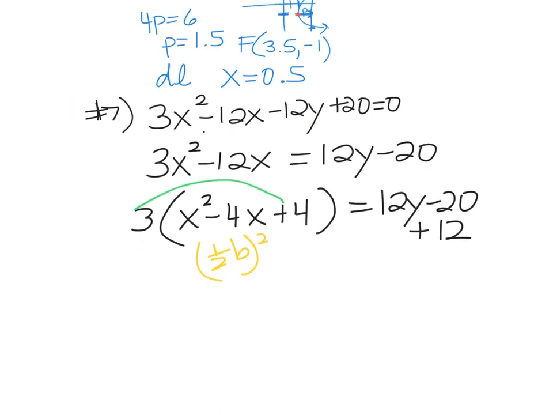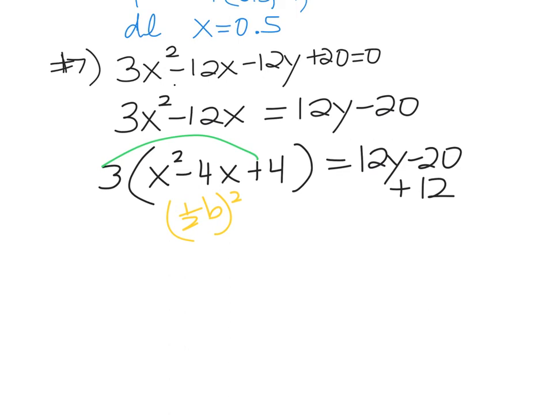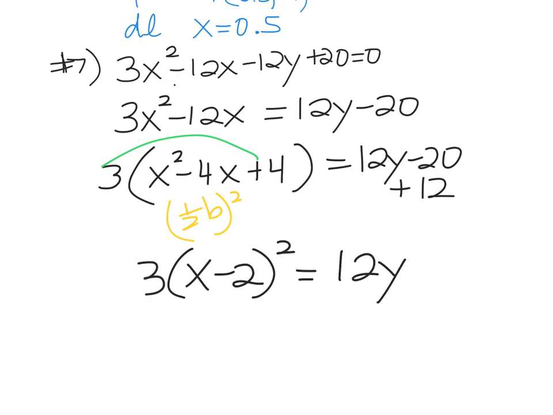I love that part. I love it when you see it. All right, then we get 3. Math goosebumps. Right? Math goosebumps, yes. And this factors as x minus 2 squared. And this is equal to 12y and then this is what? Minus 8.